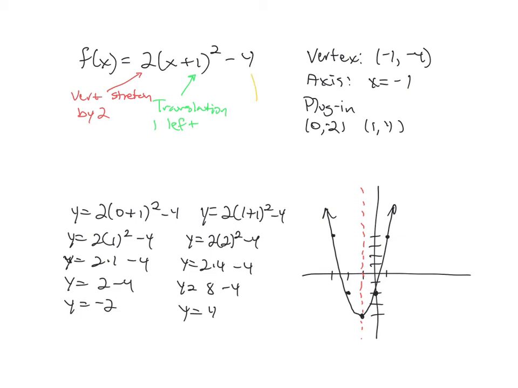And then the -4 is a translation down 4. So you can look at it as this vertex over here.